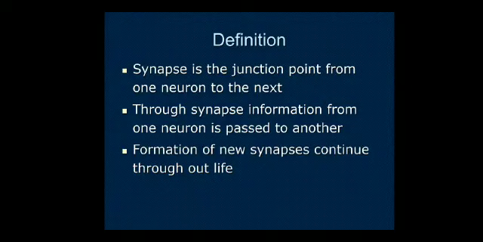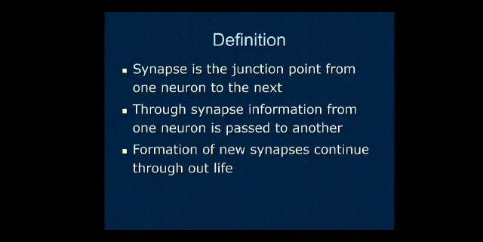Synapse is the junction point from one neuron to the next. So it's a connection, okay? The connection between the two neurons is called the synapse. That means the main function of the central nervous system is the conduction of impulse.